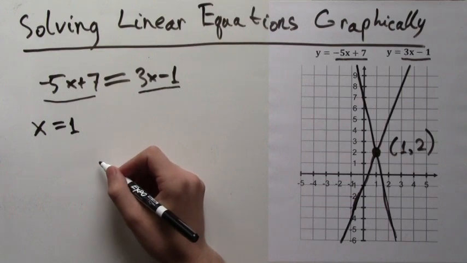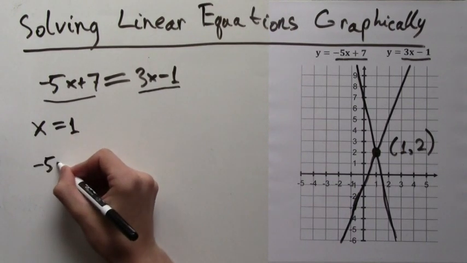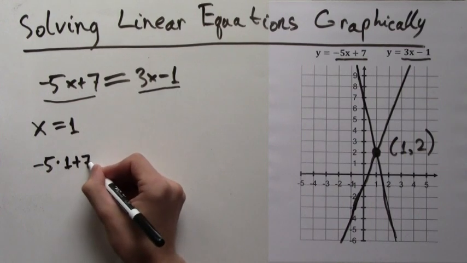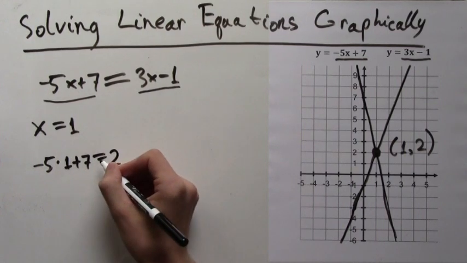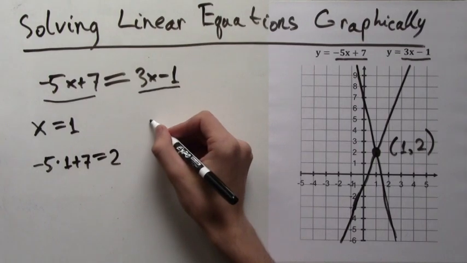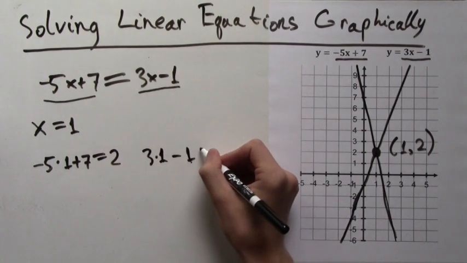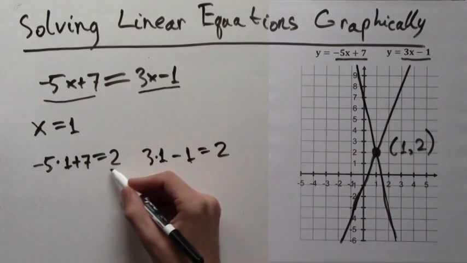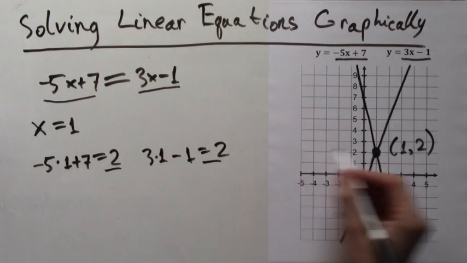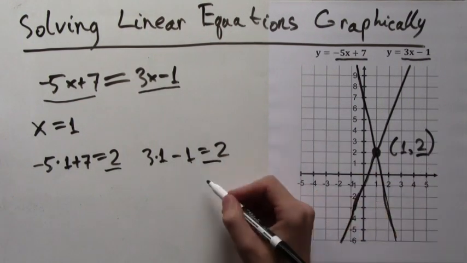Well, let's check it out just to make sure, because so far it's unclear why the intersection should be the solution. We plug in 1 on the left side and we get 2. We plug in 1 on the right side and we also get 2. So obviously the solution is x equals 1.